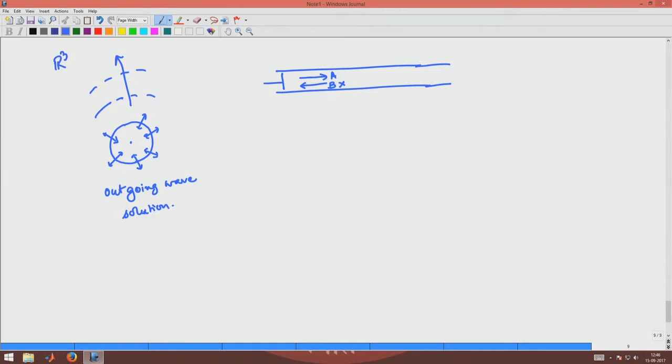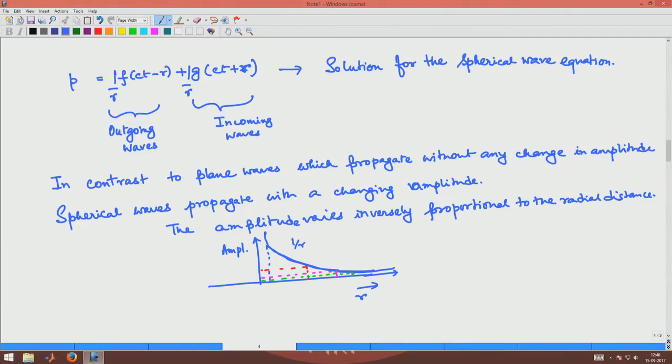Relying on that logic, the same thing happens in this spherical wave propagation problem also. Mathematically, we have understood that there are two solutions, as was derived: an outgoing wave solution and an incoming wave solution.